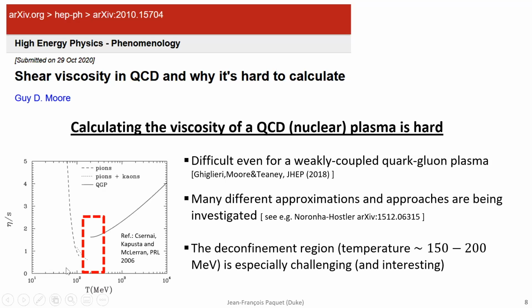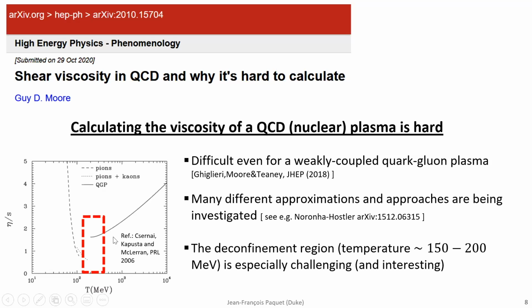If you go to low enough temperature, where you really have a gas of hadrons, there's an ensemble of calculations of the shear and bulk viscosity. If you go to extremely high temperature, much higher than the ones shown in this axis, you can use perturbative methods, and you can compute the viscosity from a weakly coupled quark-gluon plasma.